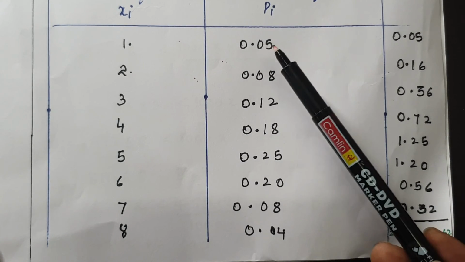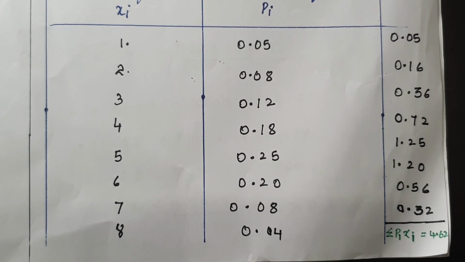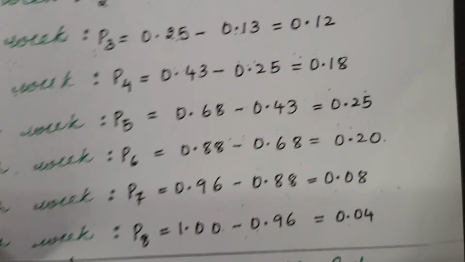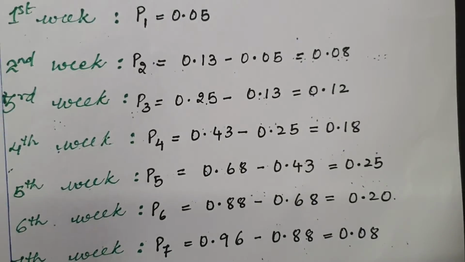So for the individual probability, the probability is given in your question. Whatever you get in the question, you have to write. After that, you find the probabilities and write whatever values you get, like p1, p2, p3, p4.